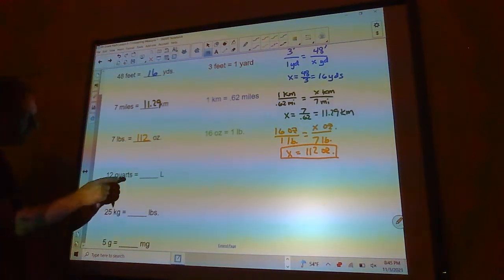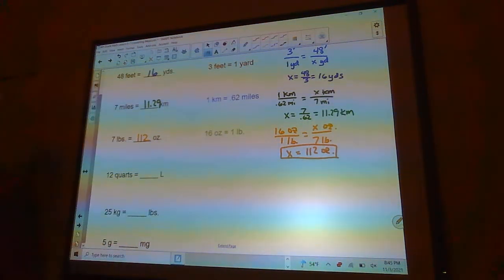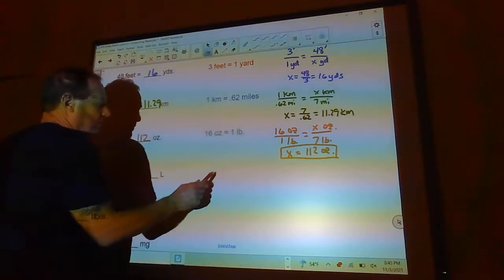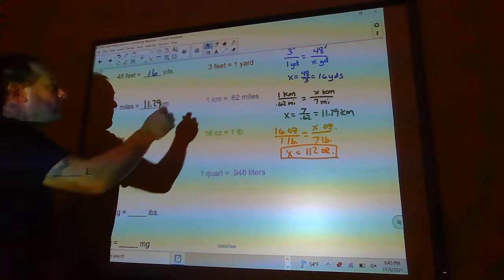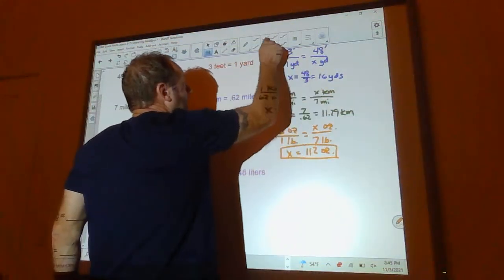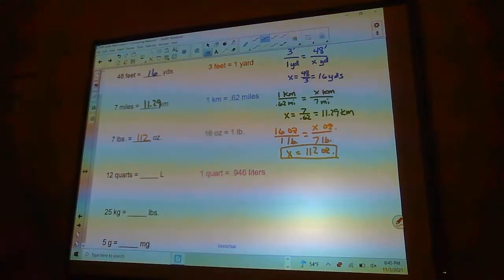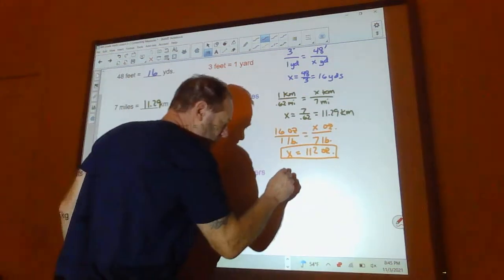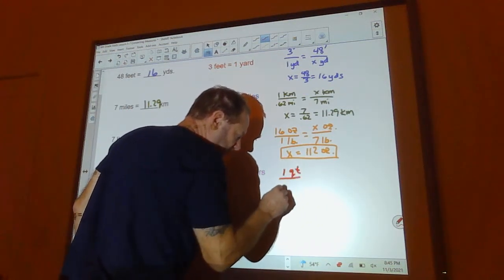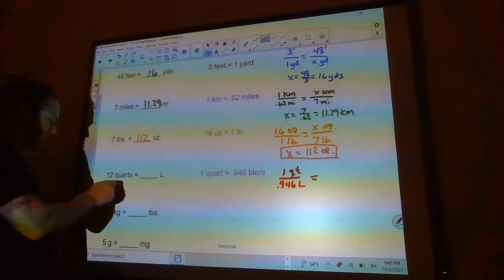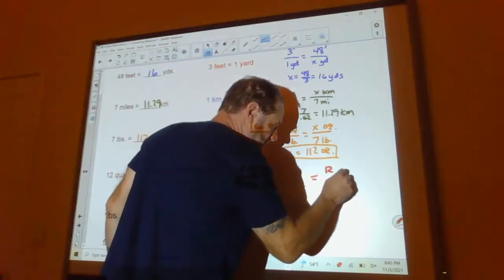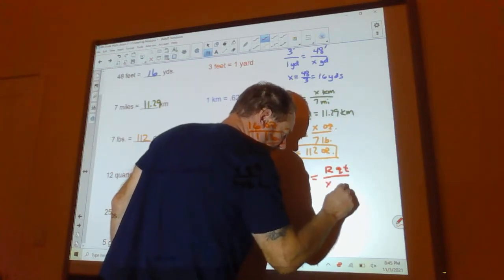Okay, again, we're going from imperial to metric on this one, so this is not an easy one. 12 quarts is how many liters? Well, a quart is 0.946 liters. So, let's see. So we've got 1 quart is to 0.946 liters, and that's going to equal 12 quarts over X liters.